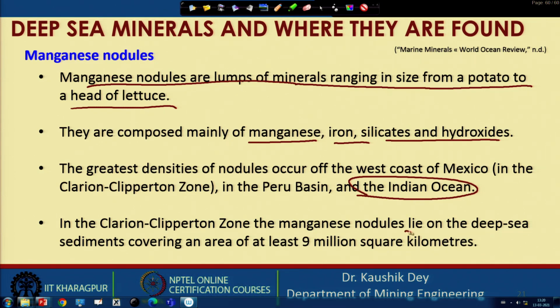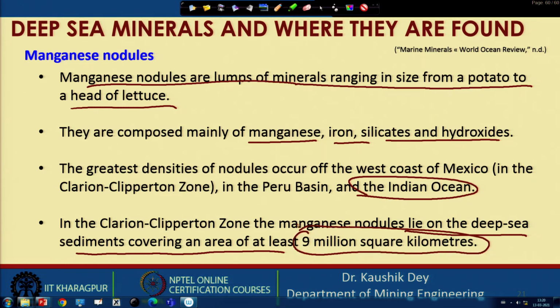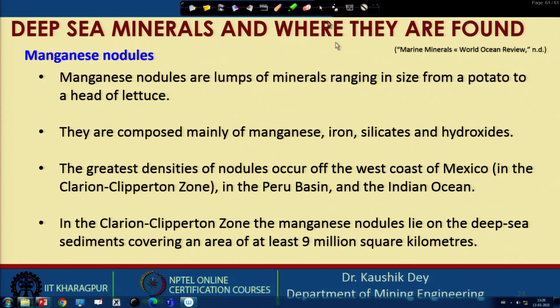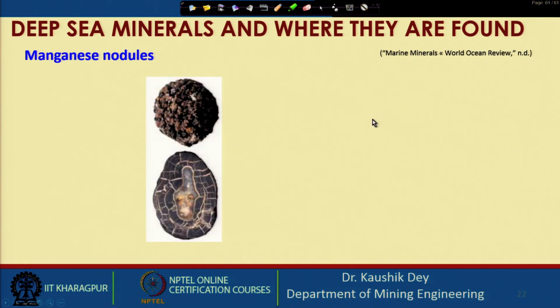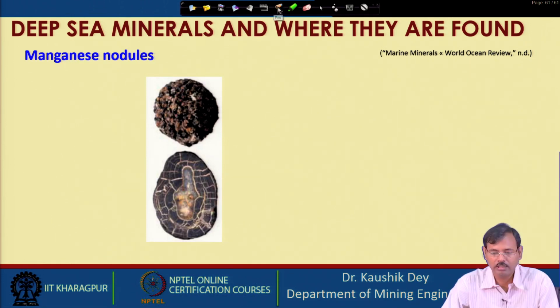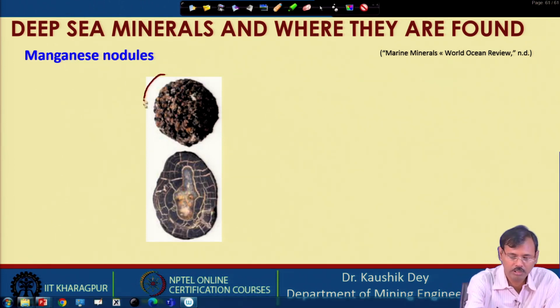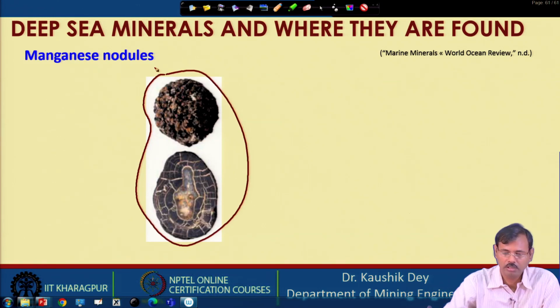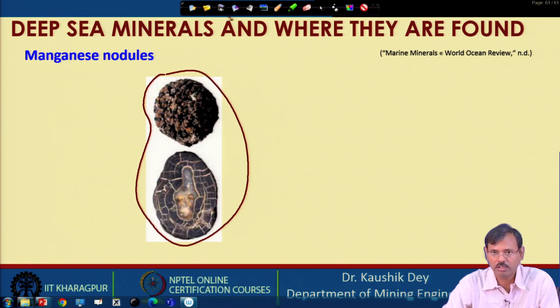Manganese nodules lie on the deep sea sediments covering an area of at least 9 million square meters, which is expected. So, there is a significant deposit of manganese below the sea, and this is the view of the manganese nodules below the sea.